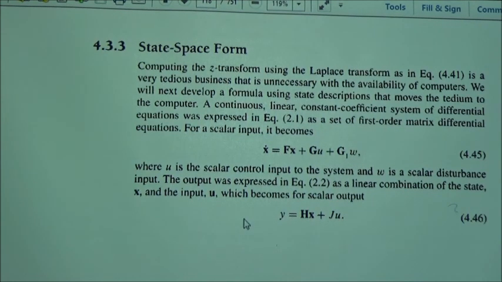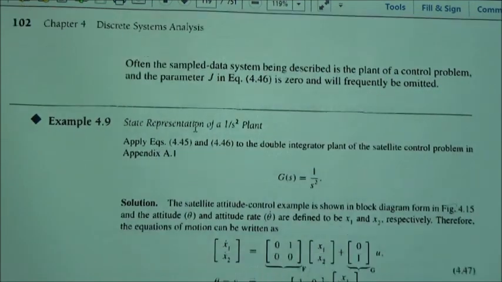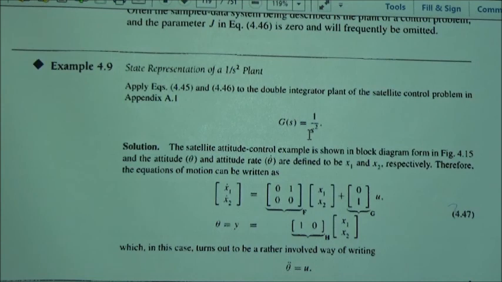Now, this state form is a little bit more elaborate in the sense that we also added some noise into the plant. Here's your state equation in continuous time. Here's your output equation. If you have 1 over s squared, it's just two continuous basic integrators.